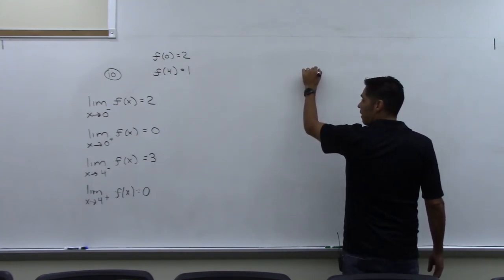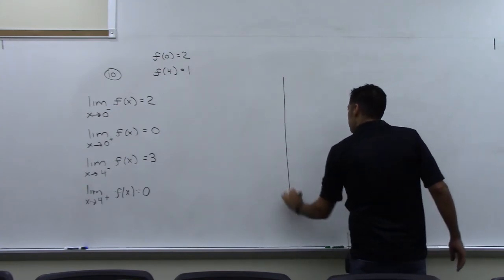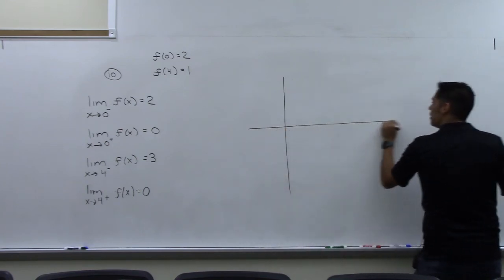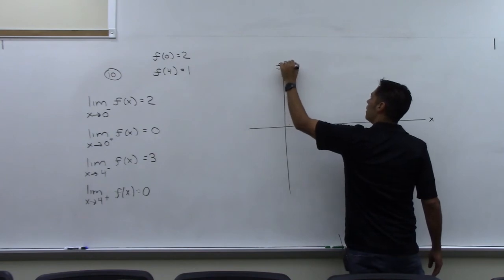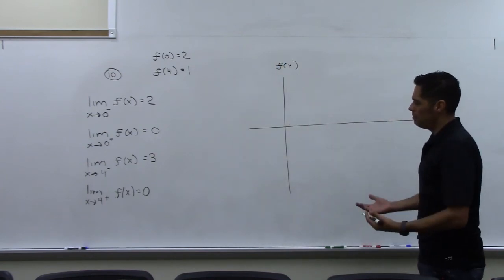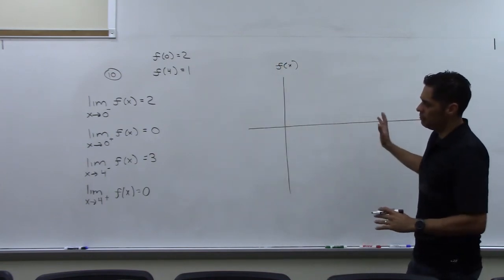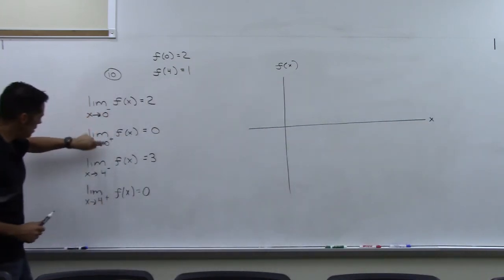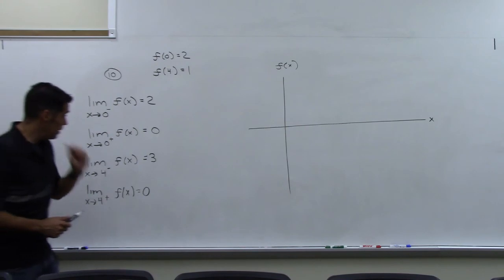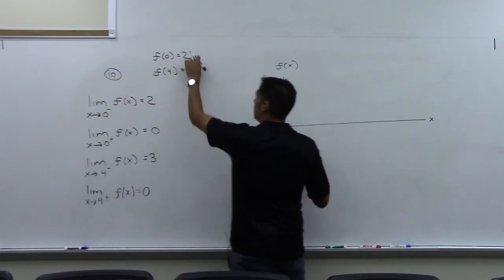Well, I'm just going to start out by drawing x and y axes. Here's x, here's y, or f of x will be here. And I kind of shifted it to the right because I'm really only interested in what's happening at 0 and at 4.